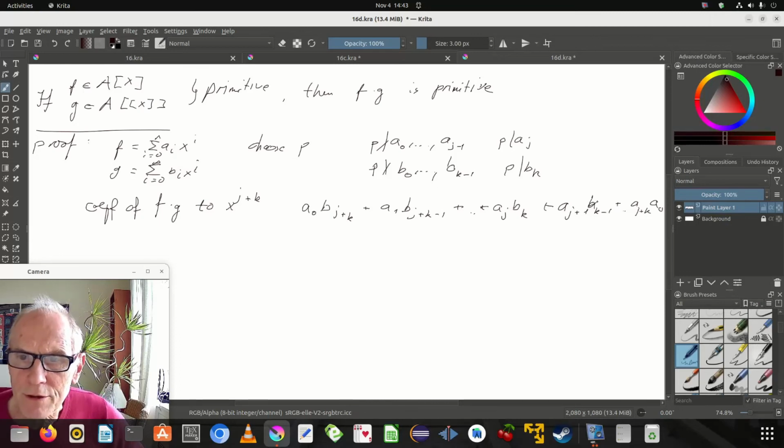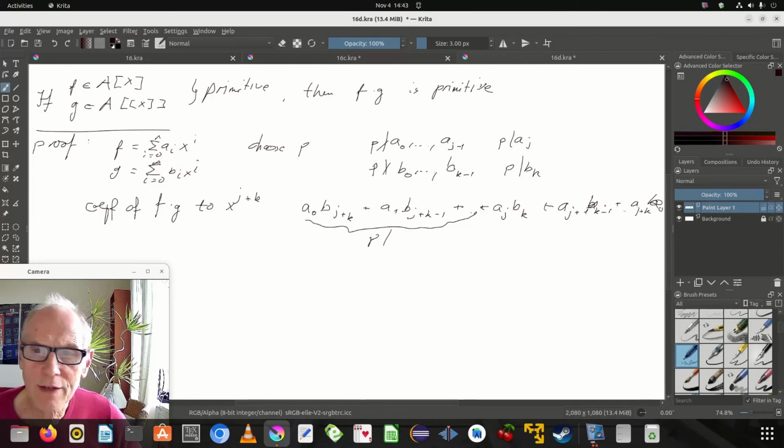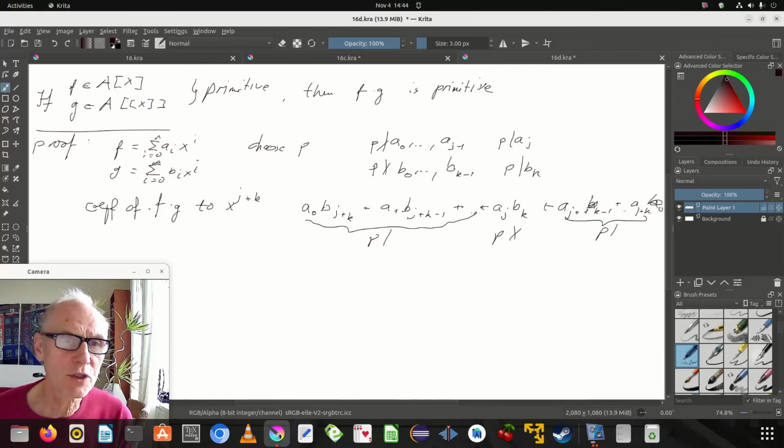This is b's, of course. So p divides a_0 to a_(j-1), and the b's here are divided by p, whereas p fails to divide this term, and then this residue modulo p cannot vanish from the coefficient here.